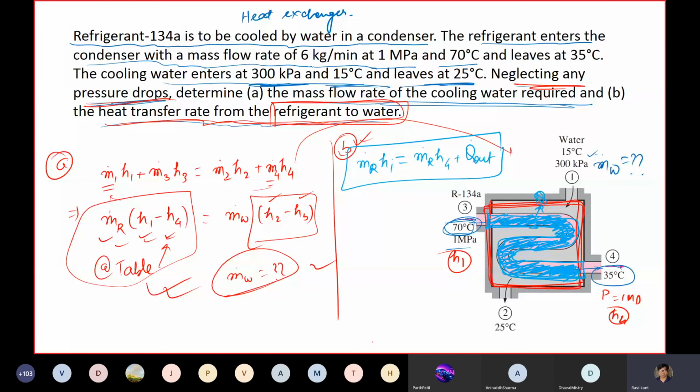Or this can also be done alternatively, by choosing the control volume as water. In that case your formula would be Q dot in plus m dot water h1 is equal to m dot water h2, that is out. And both will give you the same result.